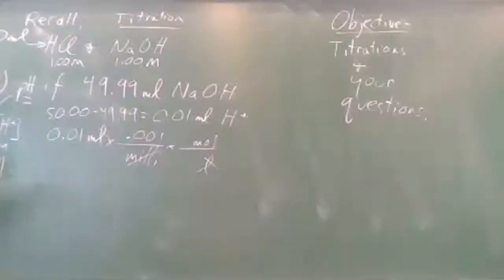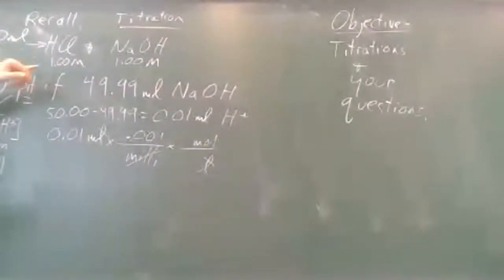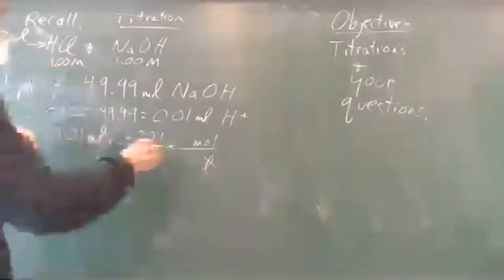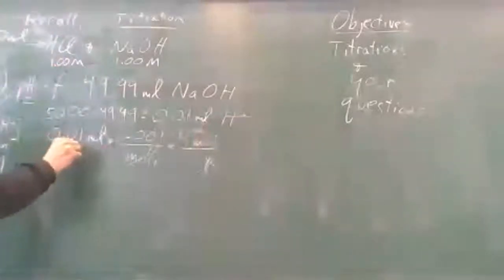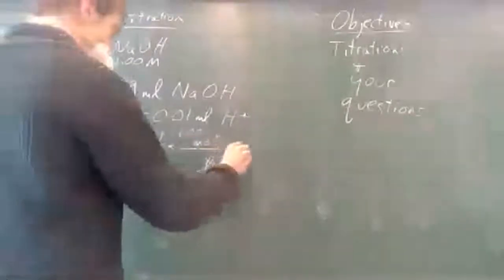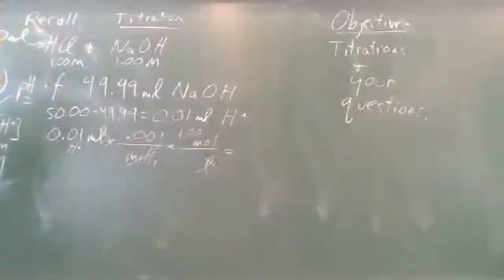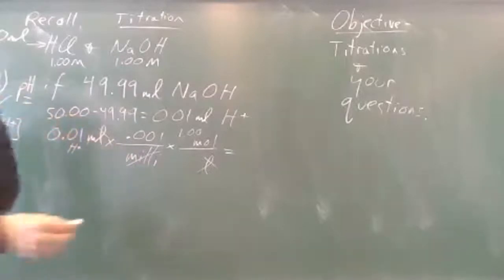It's just one, I think, isn't it? Yeah, so it's 1.00. I should label this. It's H plus we got left over. So I'm going to get moles of H plus. Now we can do this mentally. One, of course, is easy. Check this out. I have 0.01 times 0.001.